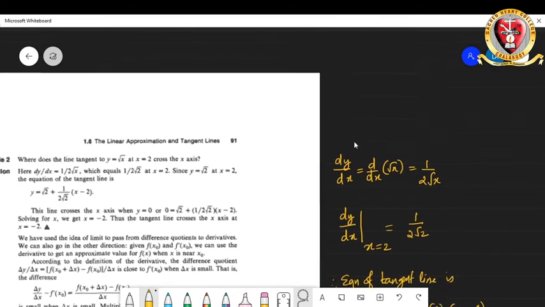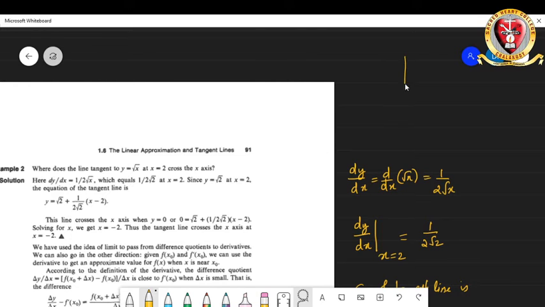So geometrically speaking, suppose y is equal to root x, maybe it is some curve like this, 0. So x is equal to 2 is the line x is equal to 2. Suppose x is equal to 2 here, and the x-axis is nothing but this one.